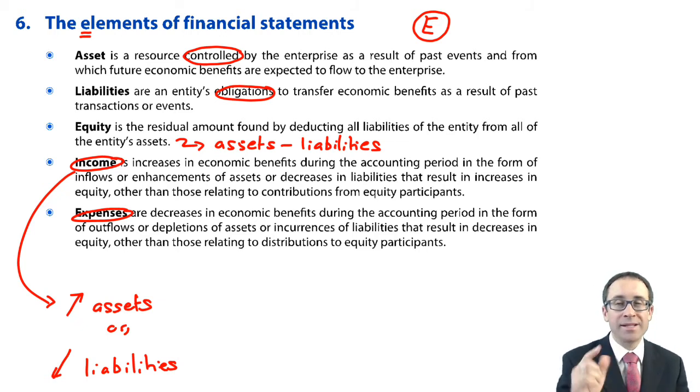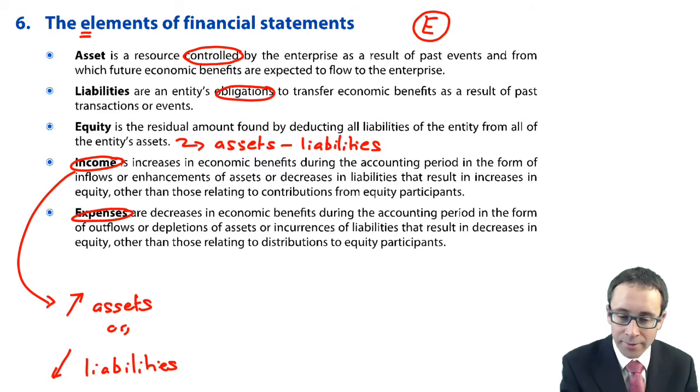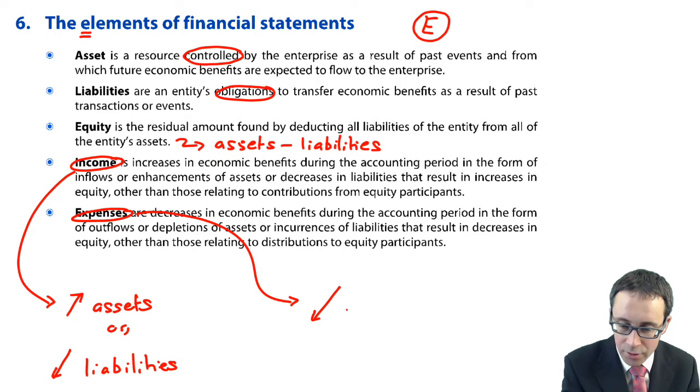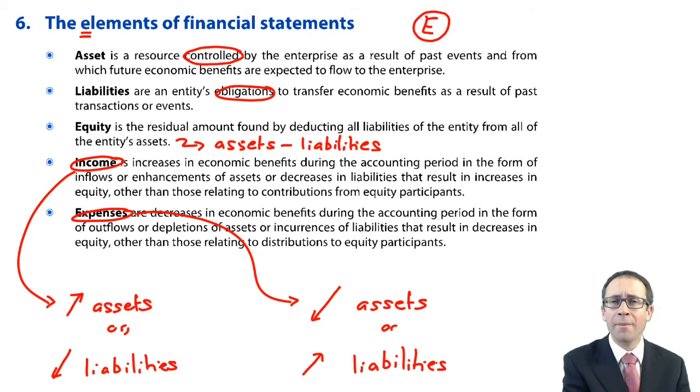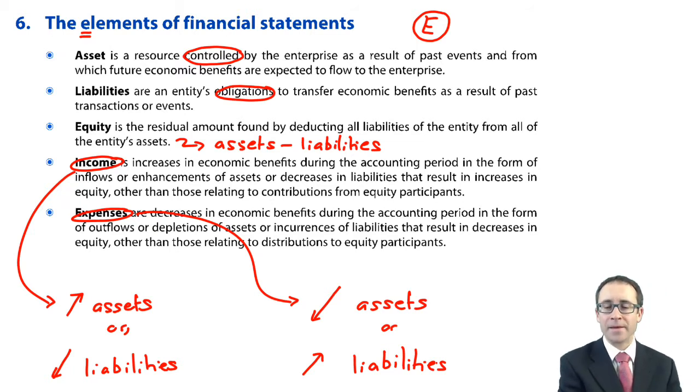If you're looking at expenses, that's essentially the opposite way round, in that your expense is either a reduction within your assets or an increase in your liabilities, isn't it? So essentially that's a bad thing. A reduction in your asset, depreciation, that's an expense.